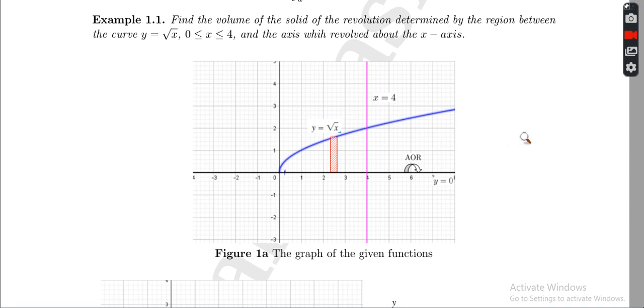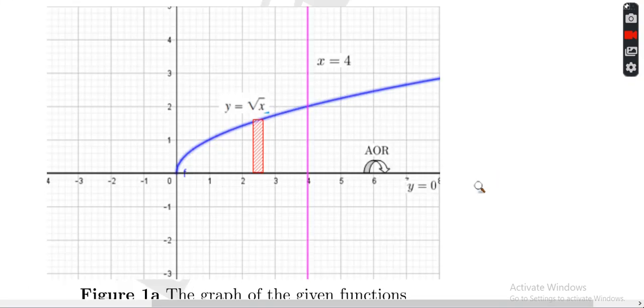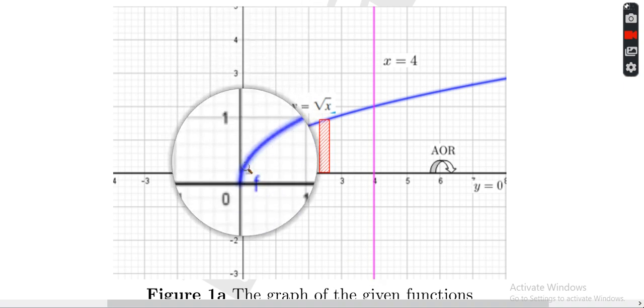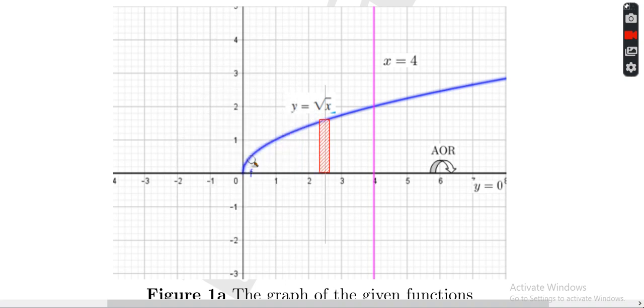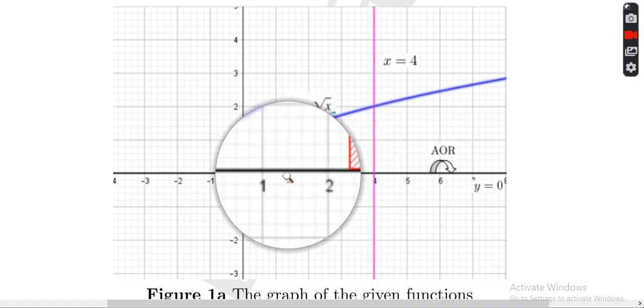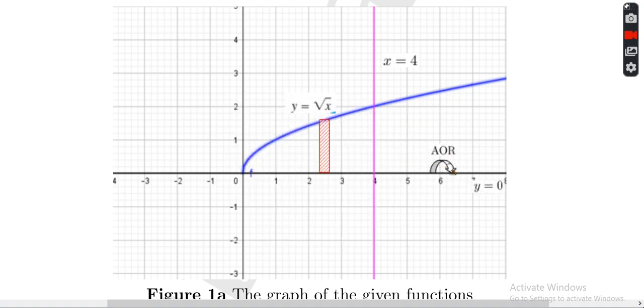Okay, so from the given problem, ito yung itsura ng graph. This blue line is our function y equals the square root of x. So we have the line x equals 4. Yung pink line is your x equals 4. This is your x equals 0, your y-axis, and this is your y equals 0, and the axis of revolution is your x-axis.